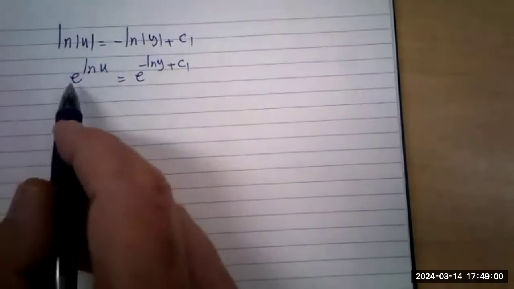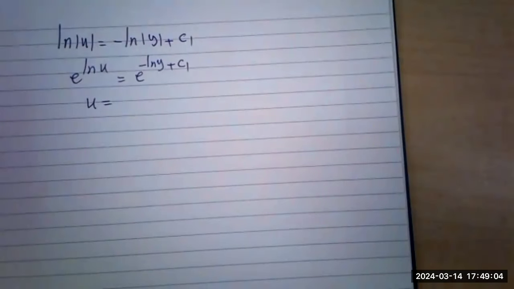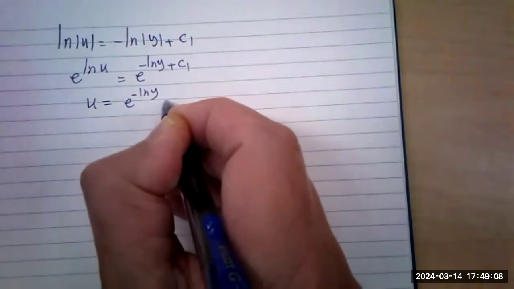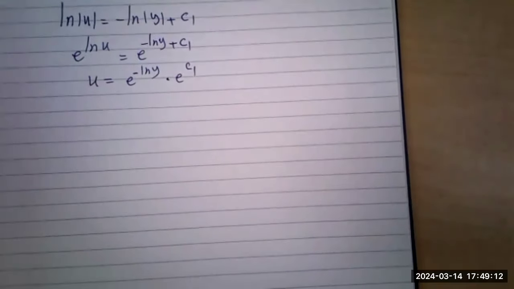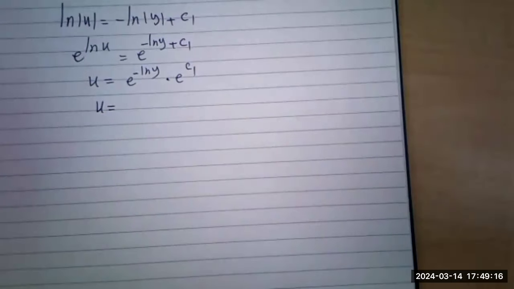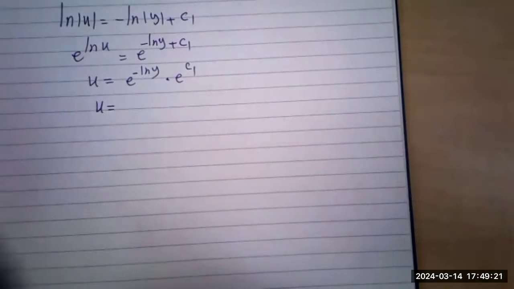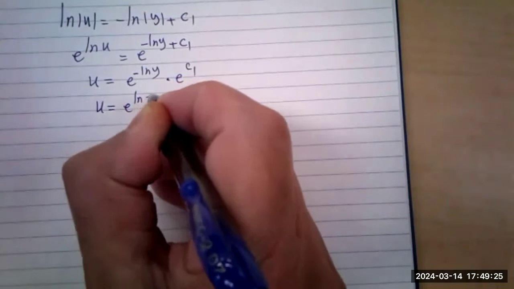Then e to the ln u, you know that it's going to be u. This one, you can break it into e to the negative ln of y and e to the c1 if you like. So this would be u equal to, the first one, you move the negative to the top, it's going to be ln of 1 over y.